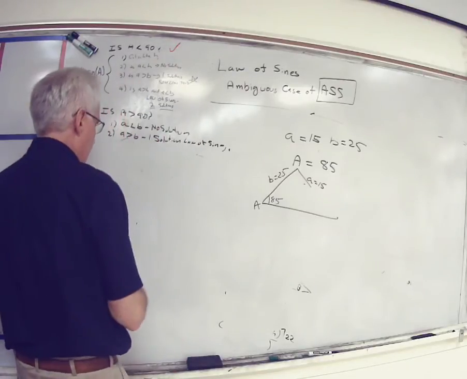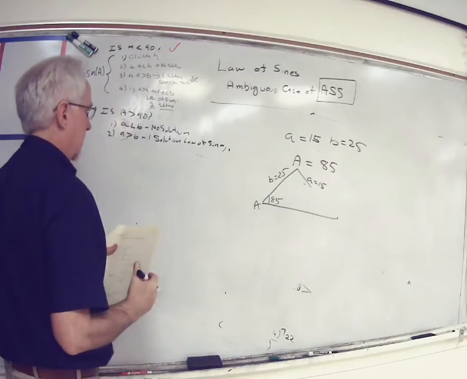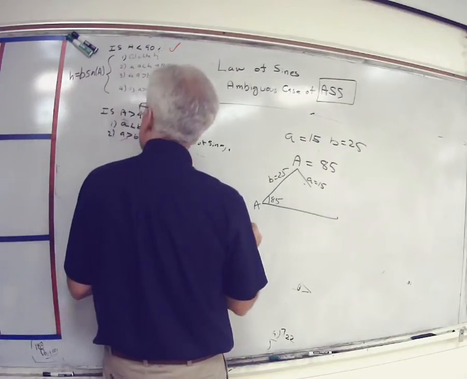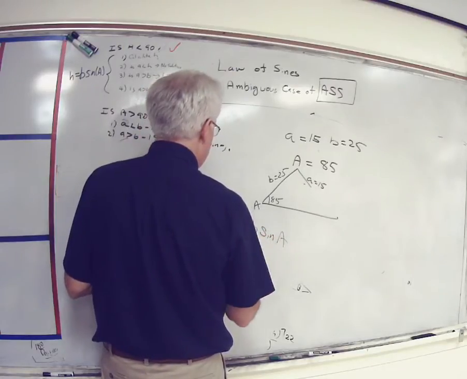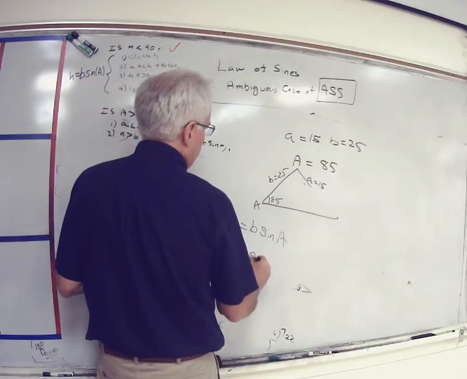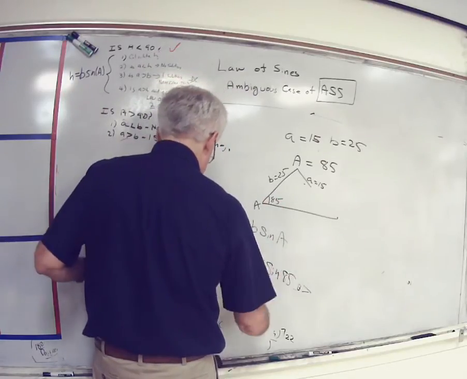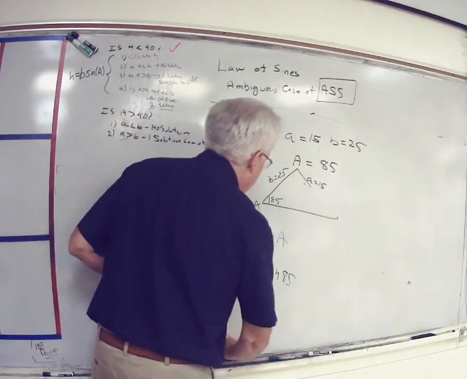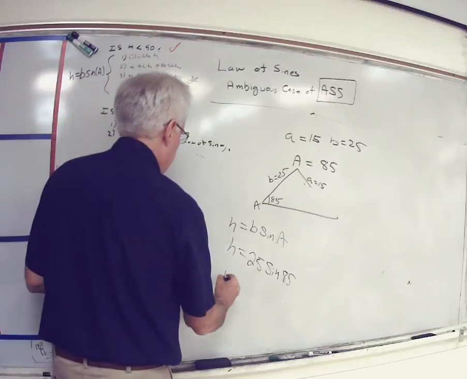Now I better figure out what H is. H is equal to b sine of A. H is equal to 25 sine of 85. So what is H? 24.9.